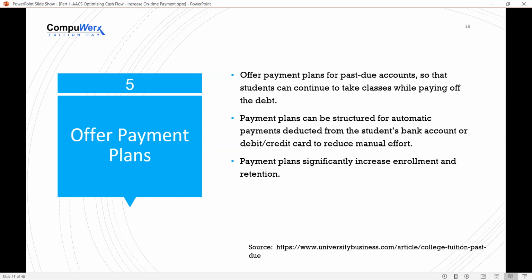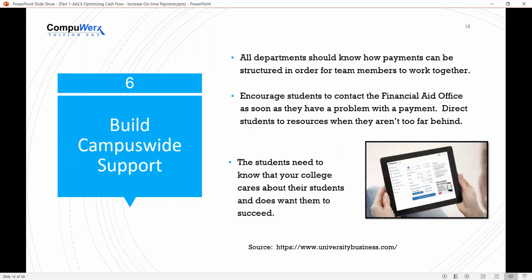You will see there are benefits for both the students and the school. Payment plans could be structured for automatic payments, like deductions from the student's bank account, credit card, or debit card accounts, which will reduce manual effort. Research has shown payment plans significantly increase enrollment and retention for the school.